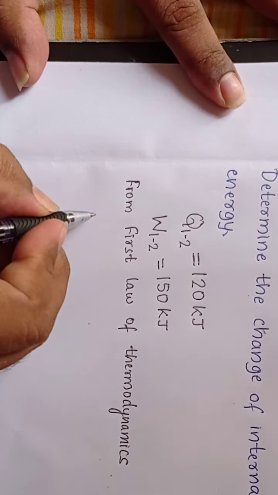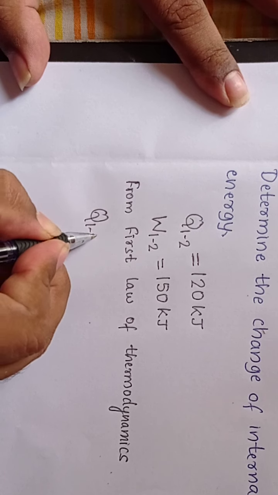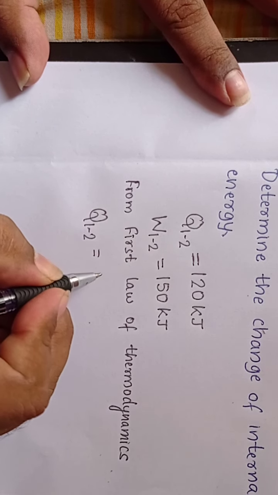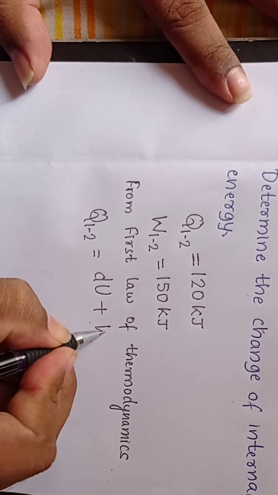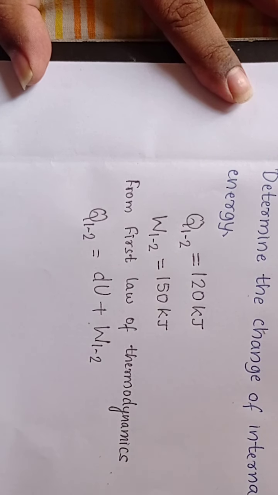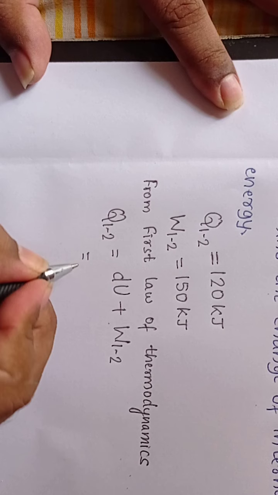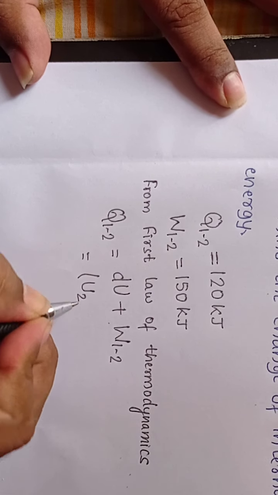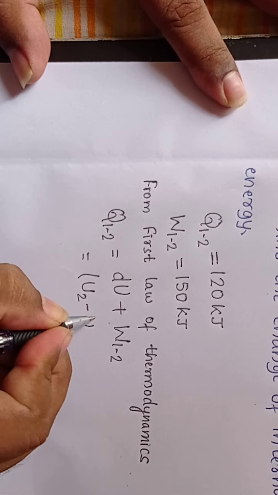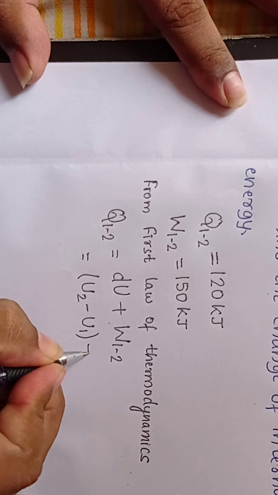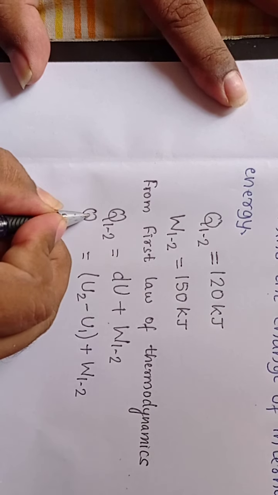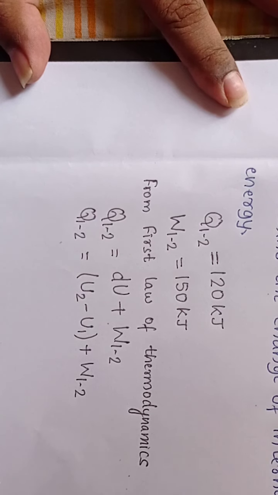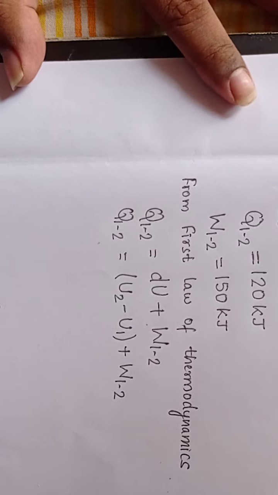We know that Q12 is equal to delta U plus W12. And what is this delta U? Delta U is U2 minus U1. I repeat, delta U is U2 minus U1. So I have written the equation once again, and now let us substitute these values in the equation.